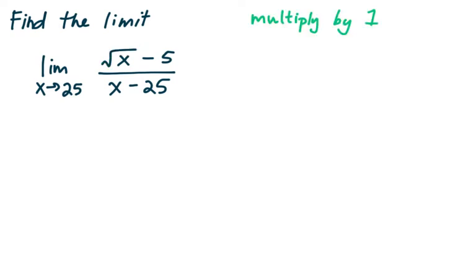When we multiply by 1, the strategy we like to use is to multiply by the conjugate. And conjugate means that I'm merely going to change the sign in the middle. So this was square root of x minus 5. I'm going to use the conjugate square root of x plus 5. Of course, that's like a difference of squares.